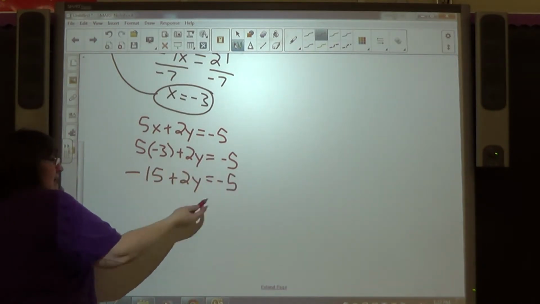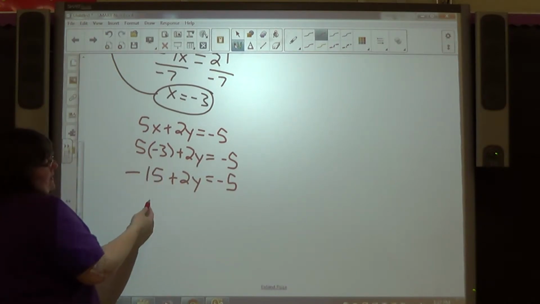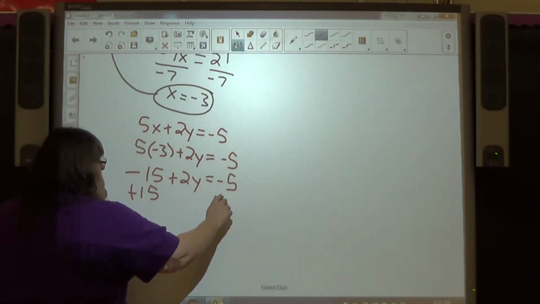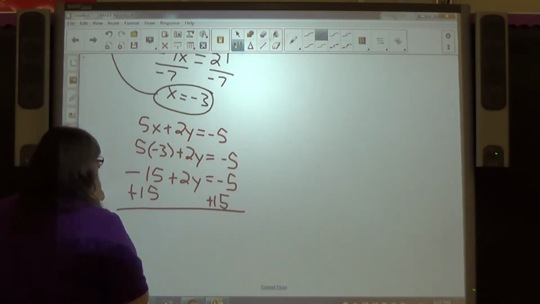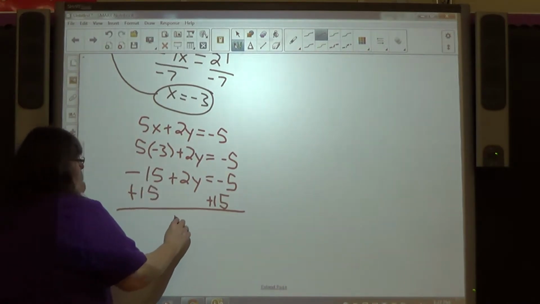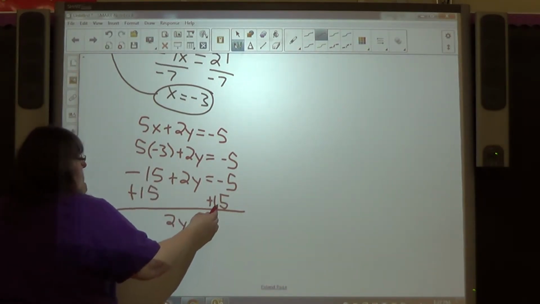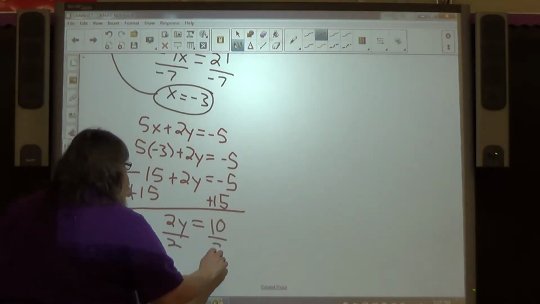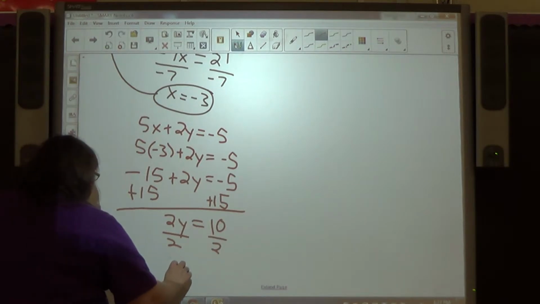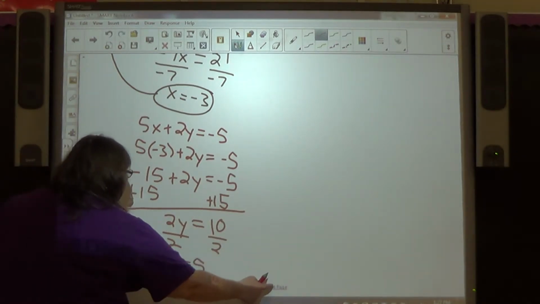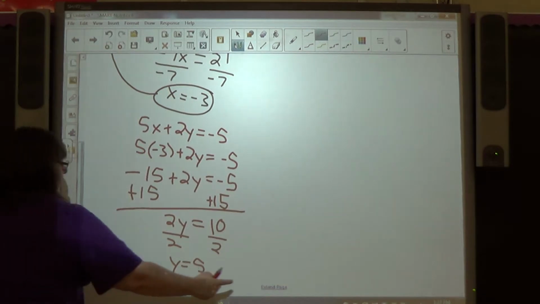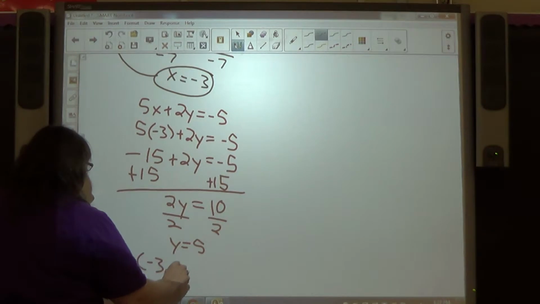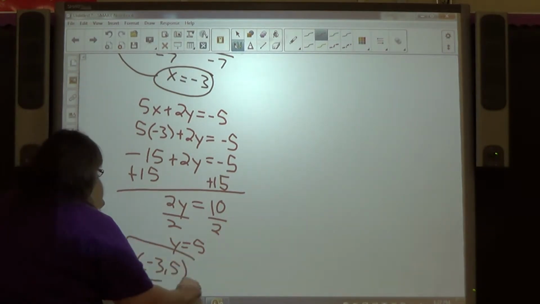Now, I need y by itself. Get rid of the 15. Move it over. Okay, so they cancel out, leaving 2y. 15 minus 5 is 10. Divide by 2. y is 5. So, I'm looking at negative 3, 5 for my solution.